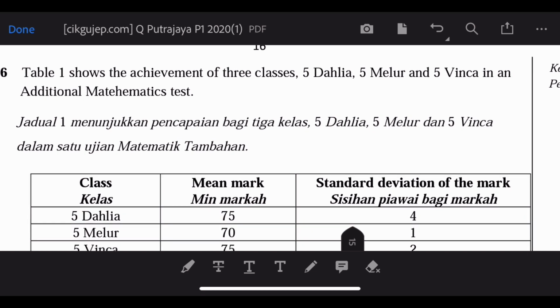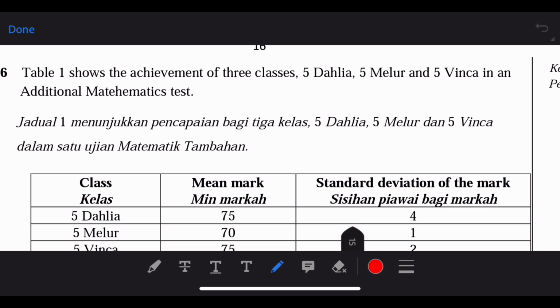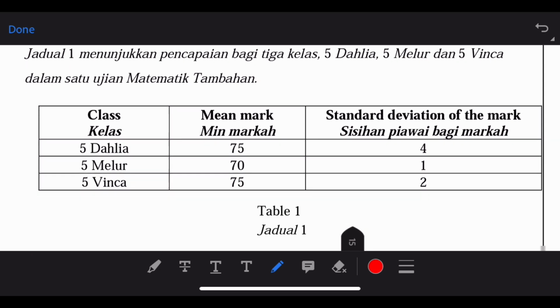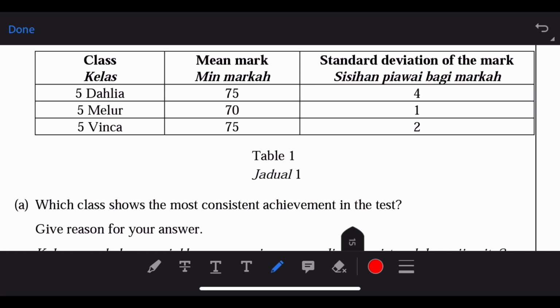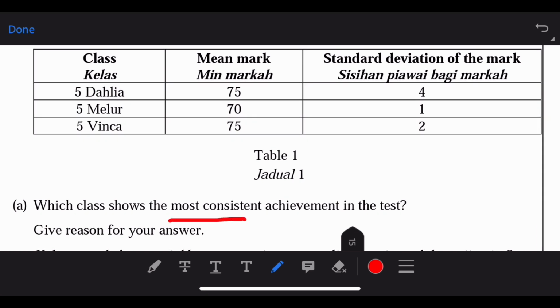Table 1 shows the achievement of 3 classes, 5 Dahlia, 5 Merlot, and 5 Wincha in an additional mathematics test. So you have 3 classes, and these are their mean mark and their standard deviation of the mark.